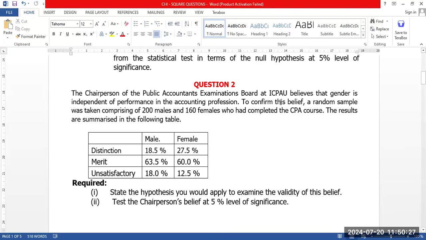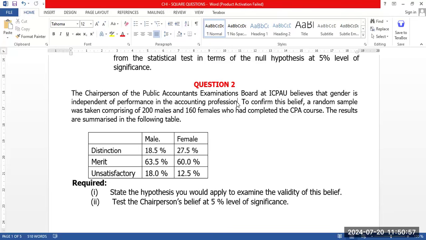When you're stating the null hypothesis, this is your null hypothesis: gender is independent of performance in the accounting profession. The hypothesis stated in the question, the hypothesis stated by the chairperson. That is our null hypothesis.